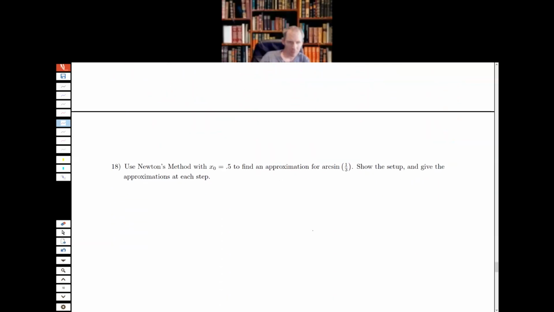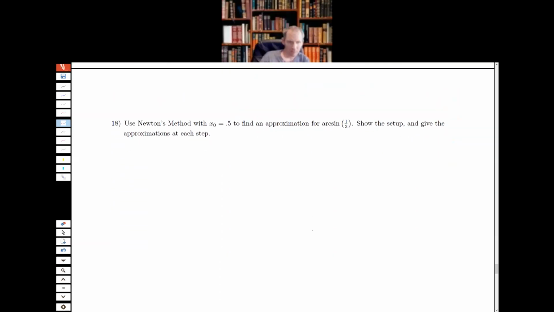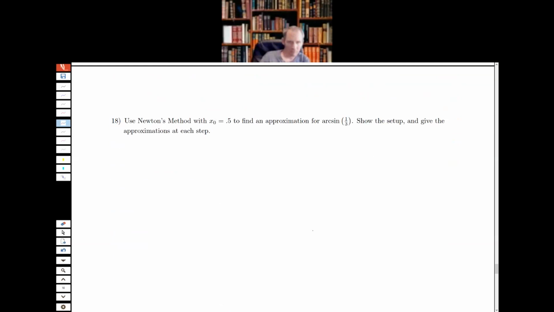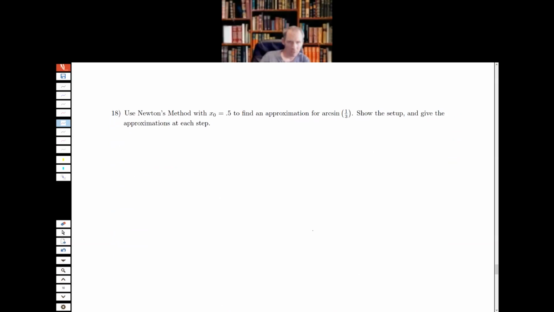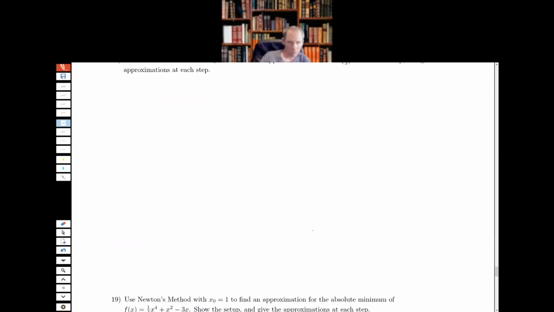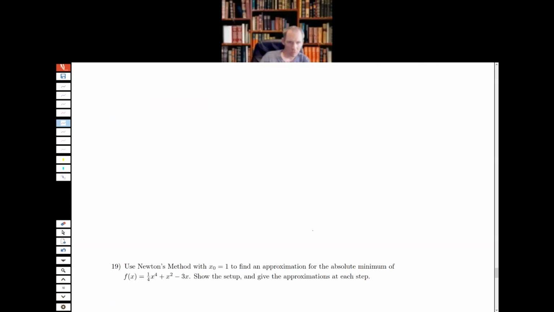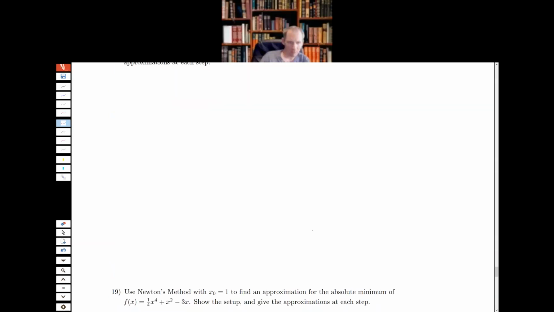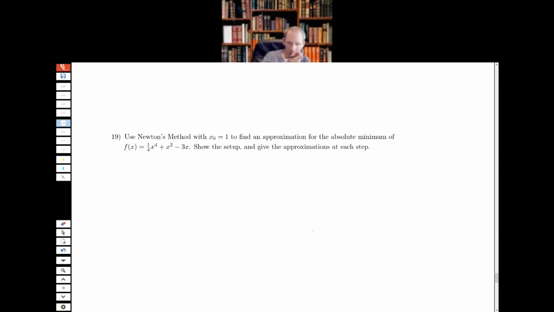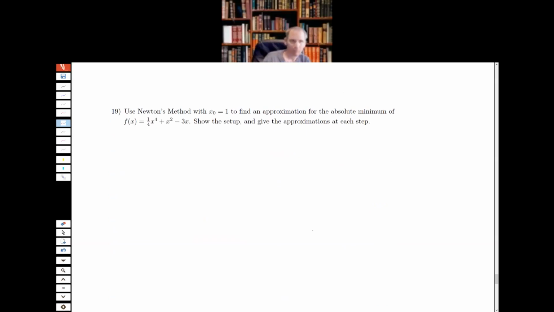Okay, let's go on to 18. Was 18 the one we did? I think we did 18 in class, so I'll skip to 19. Use Newton's method with an initial guess of 1 to find an approximation for the absolute minimum of this function.